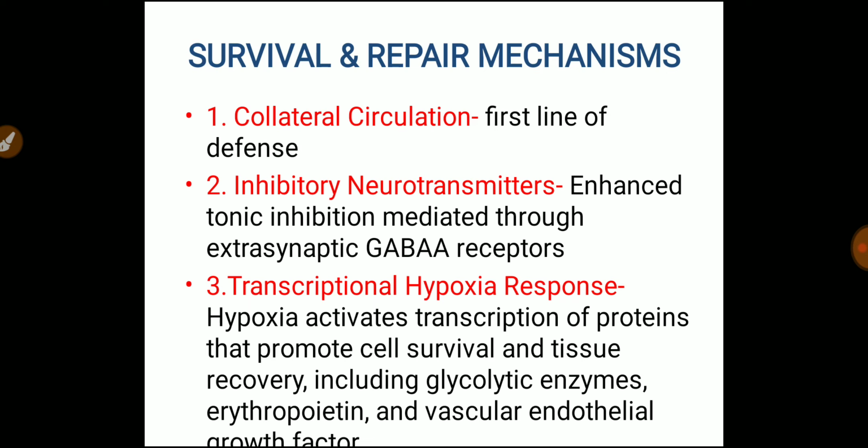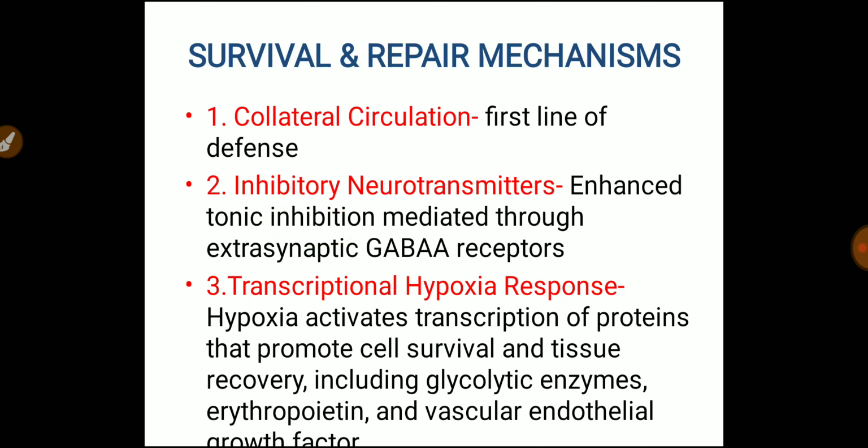Second is enhancement of inhibitory neurotransmission. We have talked about glutamate before, excitotoxic for neurons. So GABA helps in survival of neurons. Always remember, GABA is helpful for survival of neurons, as it will inhibit the neurons.